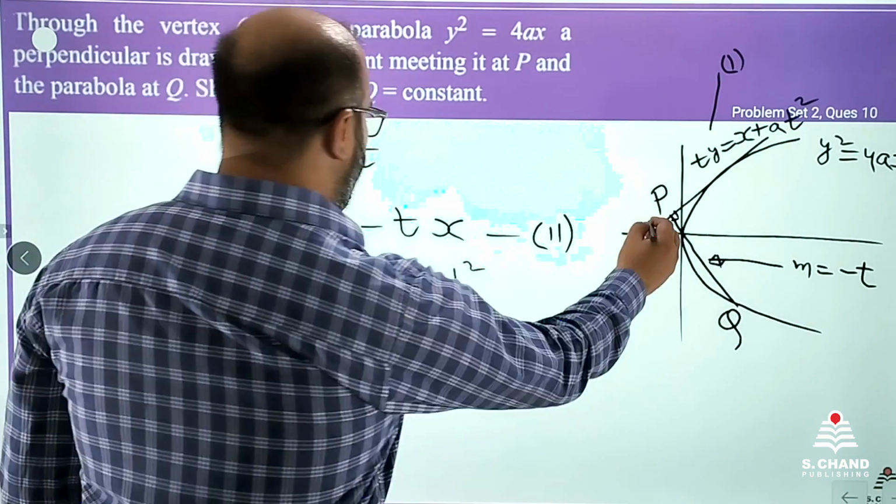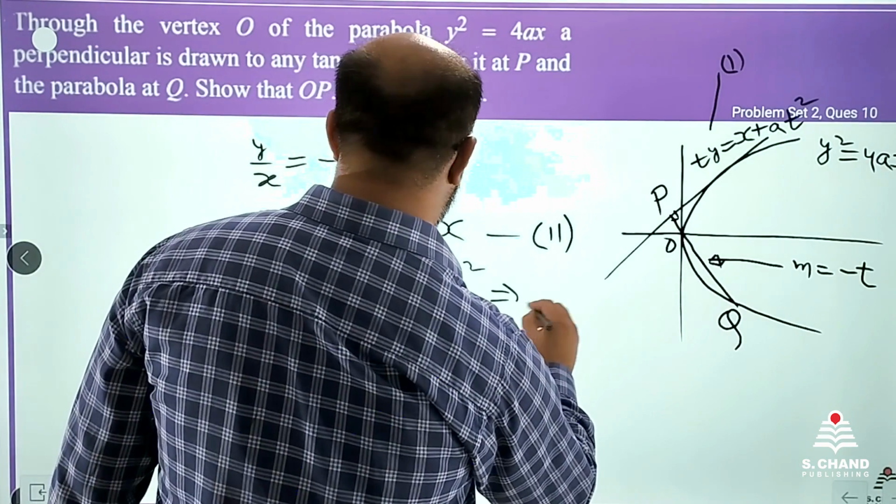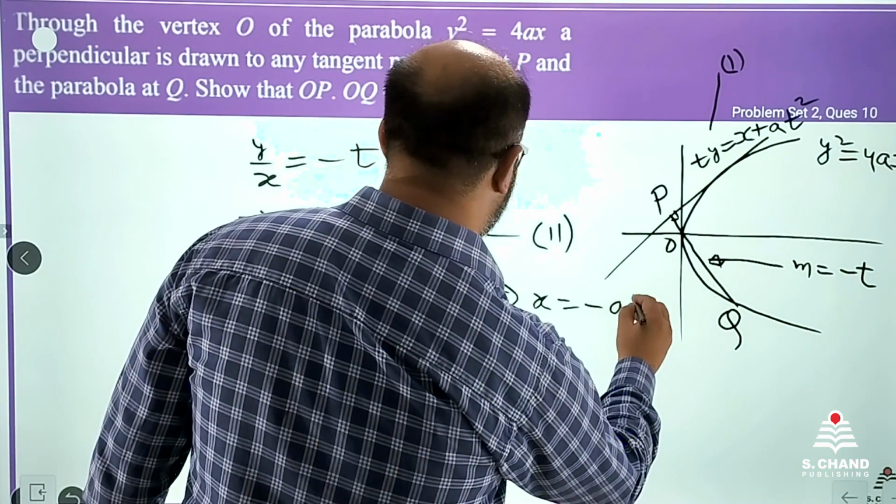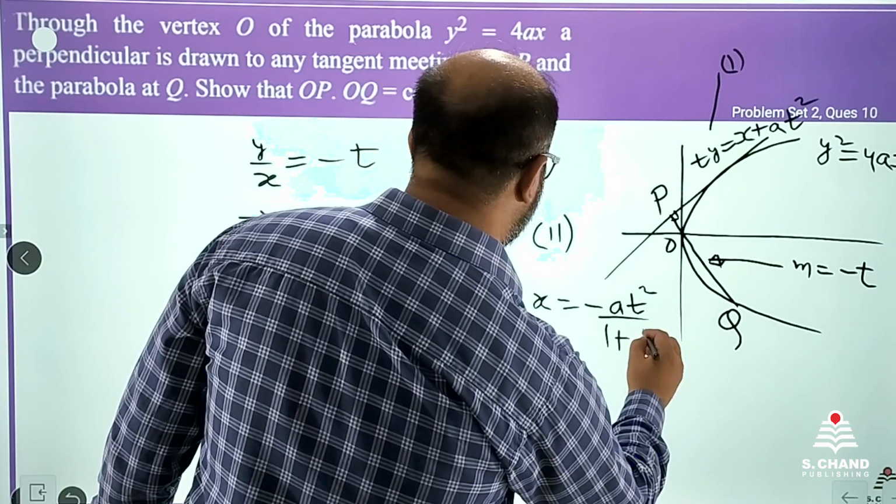So you will get the x coordinate here. So x coordinate would be minus at square by 1 plus t square.